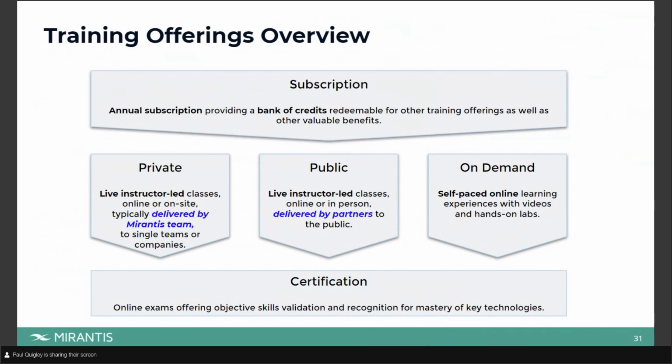So for OpenStack, 50-50 chance you got me for a class if you choose a private class. Public is delivered by partners. On demand is self-paced, and right now there is no OpenStack self-paced, but we've also got Kubernetes and those classes. So we've got on demand for those. So our training's more than just OpenStack. My world is OpenStack.